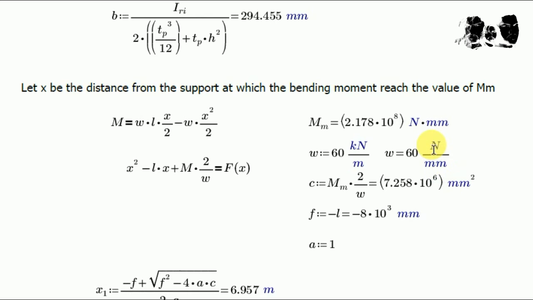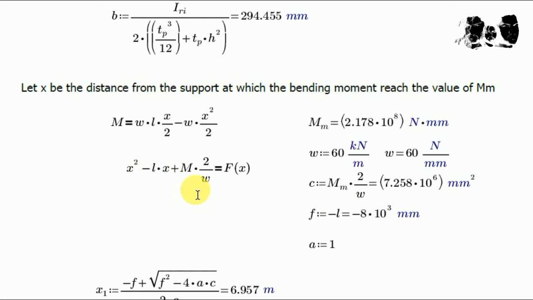The value of C can be calculated because we form the formula in polynomial form, or a 2 degree equation. Then we find the value of the constant C, in mm here. M is the maximum bending moment in N mm multiplied by 2 upon w. The value of C is equal to this, and the value of F is equal to minus L, which is here.